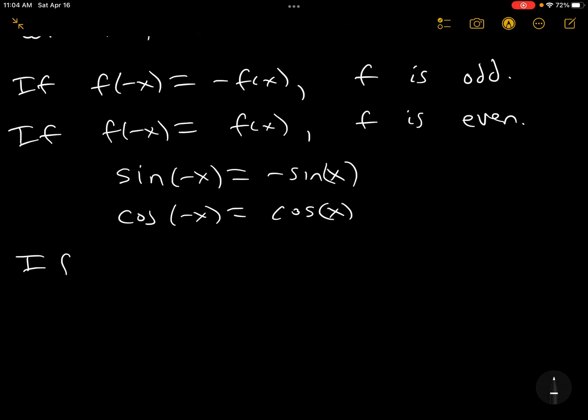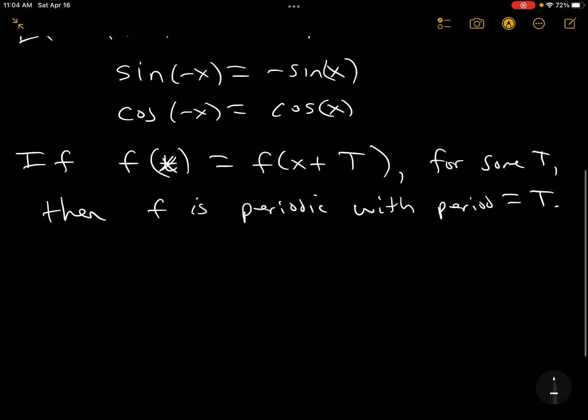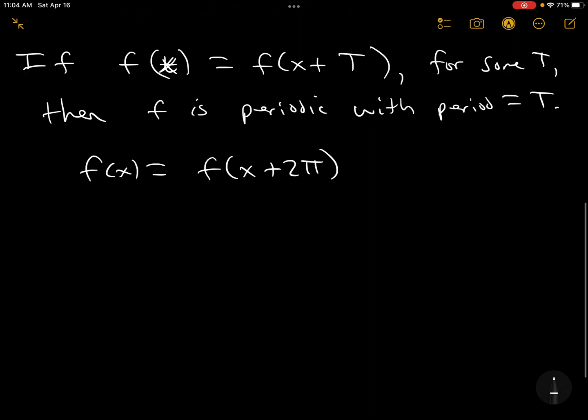Also, if f of x equals f of x plus T for some T, then f is periodic with period equal to T. So for sine and cosine, f of x equals f of x plus 2 pi.